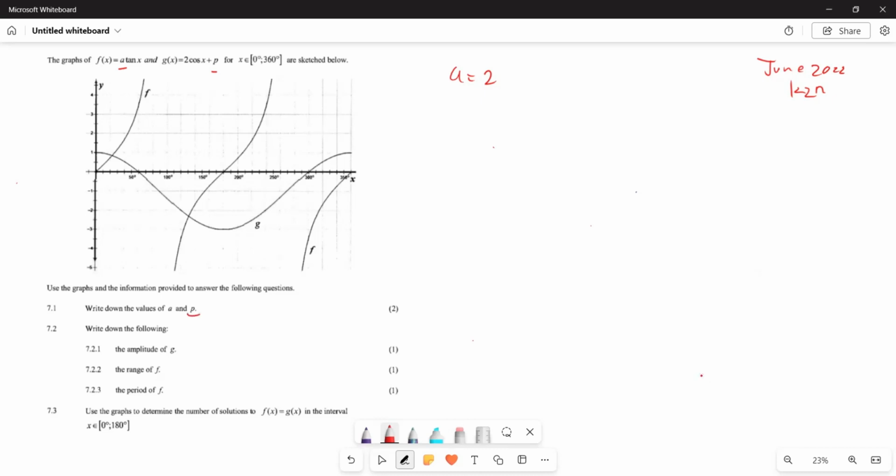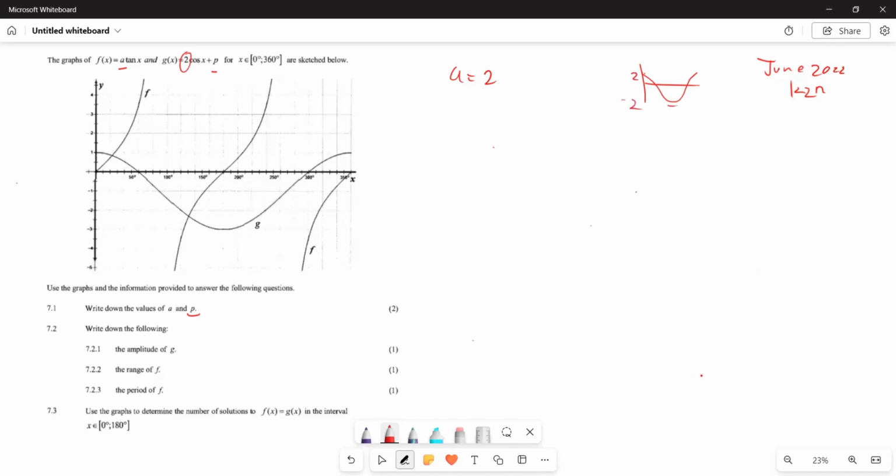Ordinarily, the graph starts at 1, and it moves downward and upward. But now it has an amplitude of 2, which means it's going to start at 2 and have a minimum point at -2.